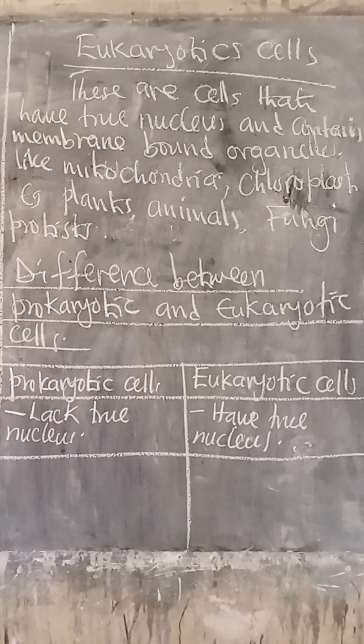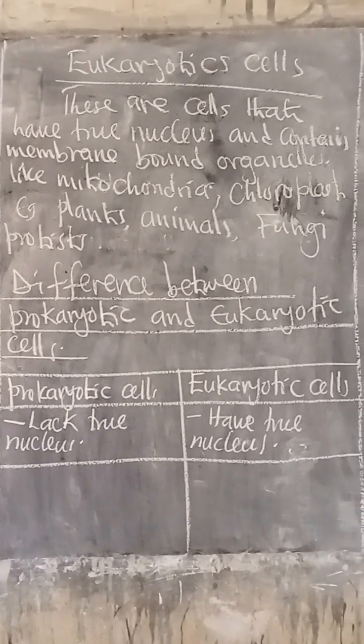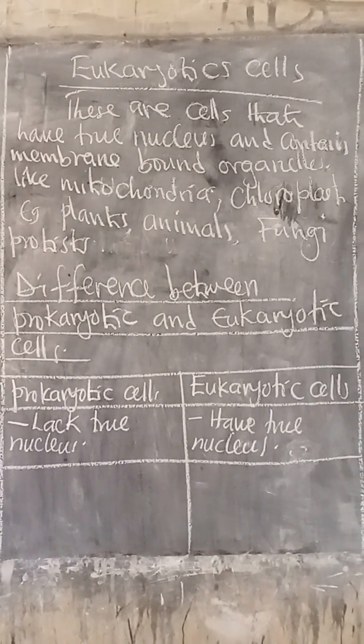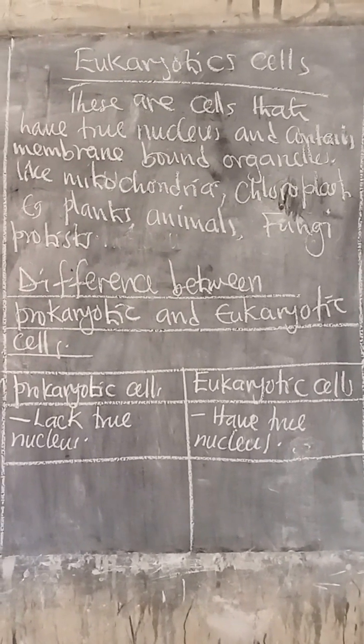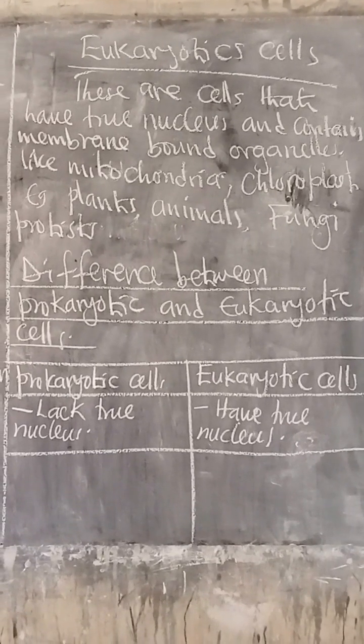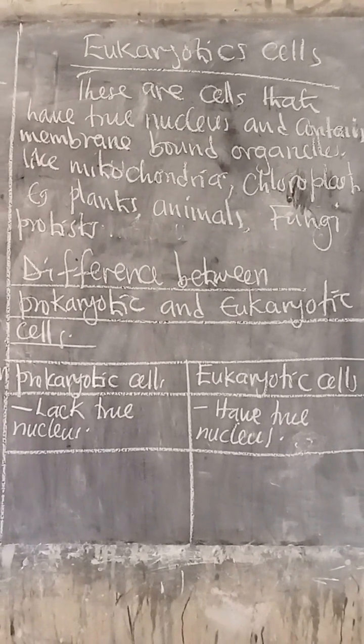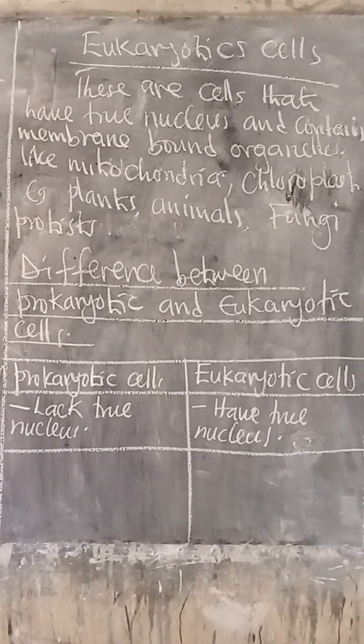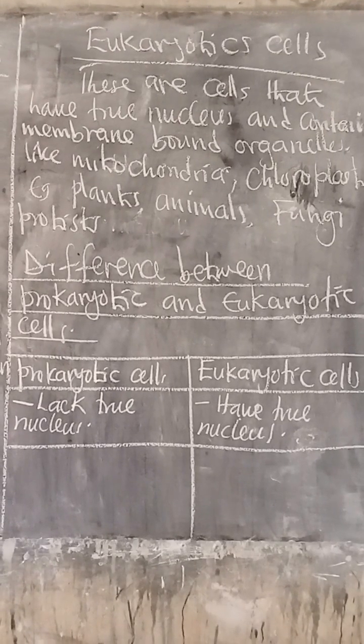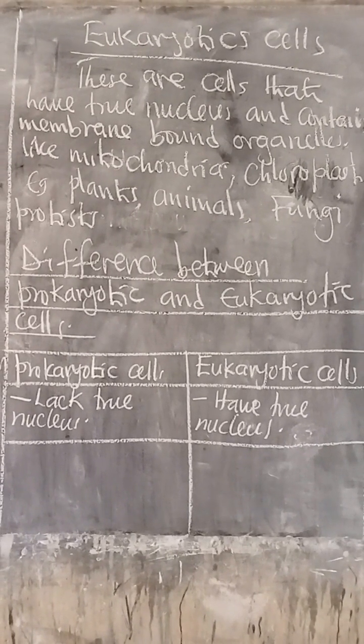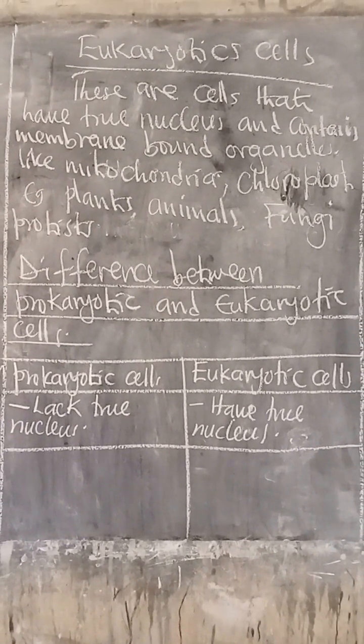Secondly, prokaryotic cells do not have membrane-bound organelles like mitochondria and chloroplast. But for eukaryotic cells, they have membrane-bound organelles.